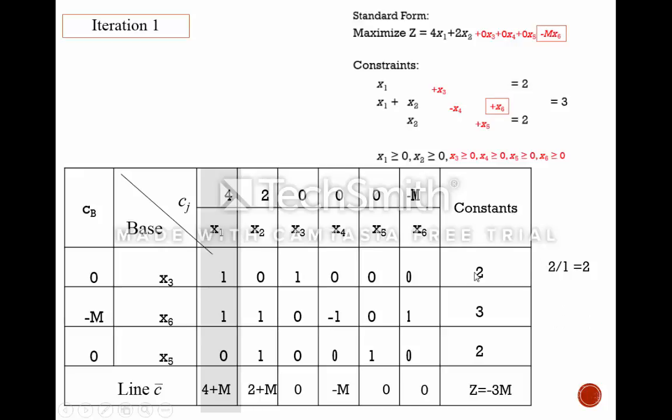So 2 per 1 we get 2, 3 per 1 we get 3, and 2 per 0 we get infinite. As we can see, the lowest value is 2, so we choose the 2, and we get the value. There's x3 is 1.